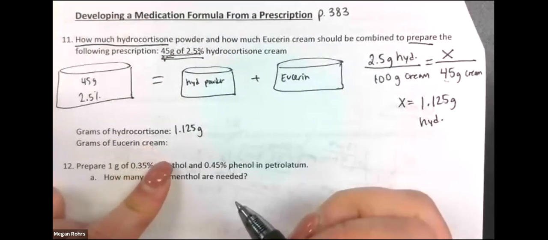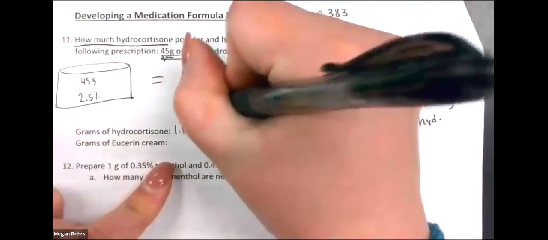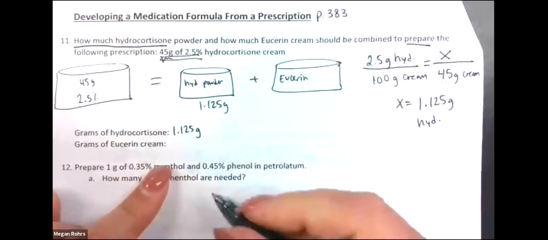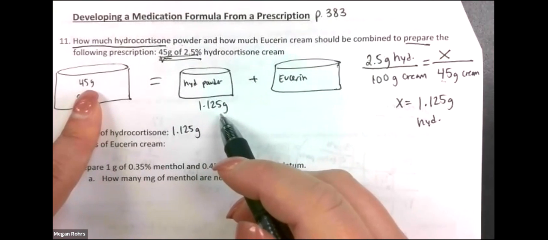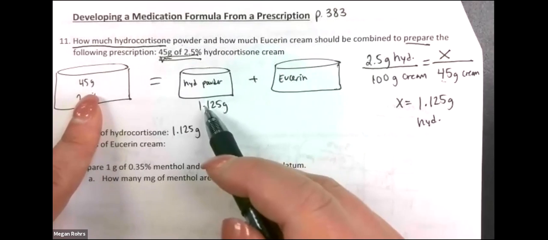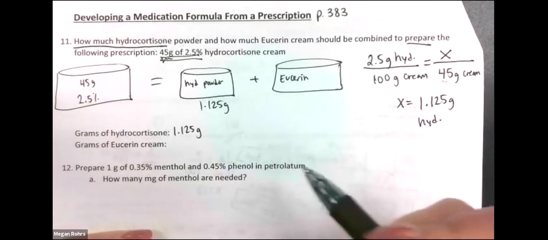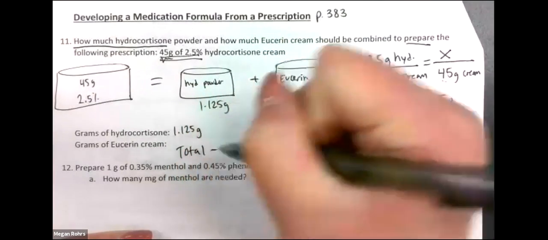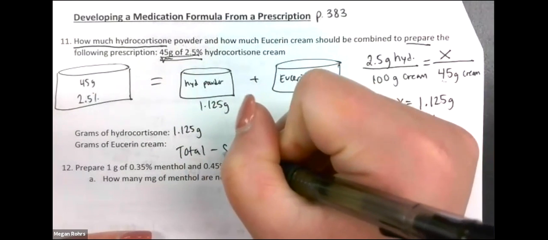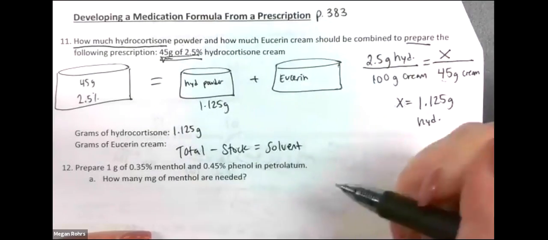Now with my eucerin, remember that is just our base. If I'm using 1.125 grams of my powder, and I'm making a total of 45 grams, we're just going to be subtracting 45 minus 1.125. The difference is how much eucerin we will need. Remember that equation from last time, total minus stock gives you your solvent.